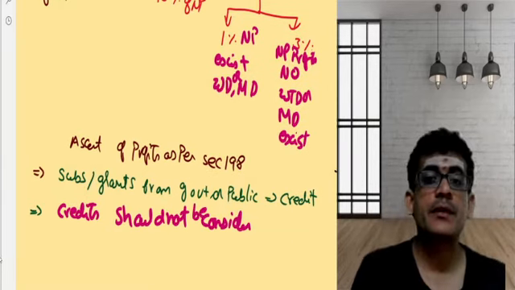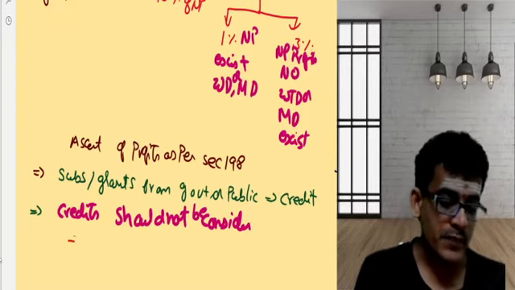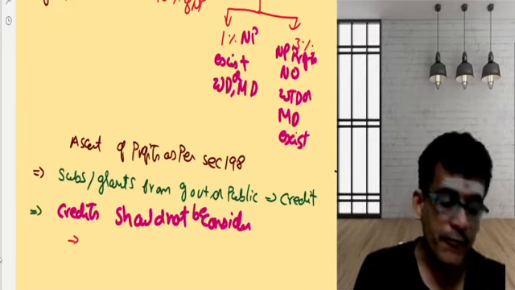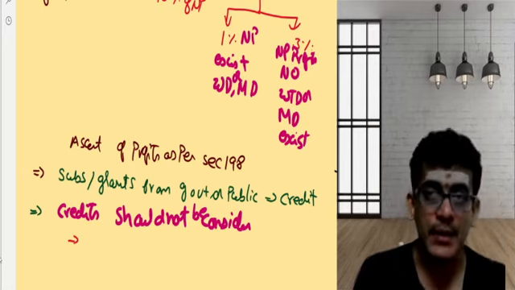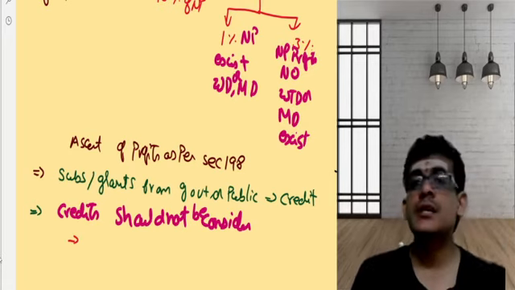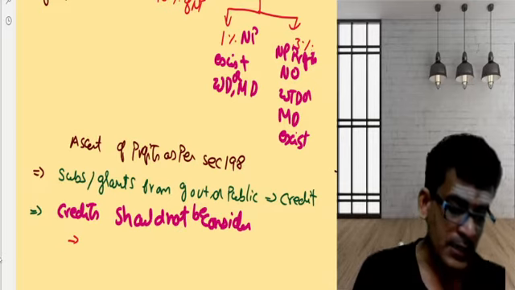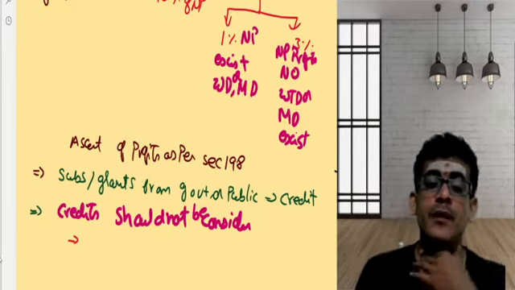What credit should not be considered? Let us see. The first point says profits by way of premium on shares or debentures of the company which are issued or sold.